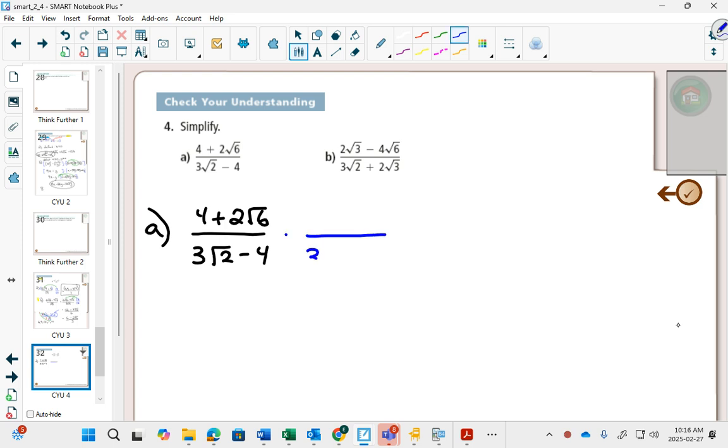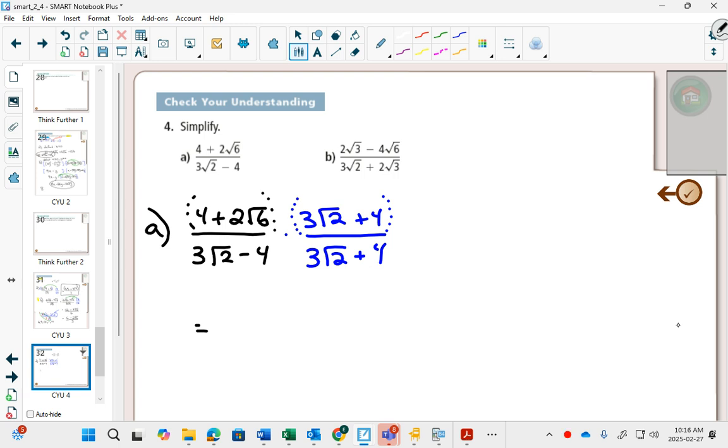So on the bottom, I have a 3 root 2 and a 4, but instead of a minus sign, the conjugate would be the opposite sign. Because that's the only way I would get a difference of squares. Now, when you have a fraction, there's like an invisible set of brackets here, right? And an invisible set of brackets here.